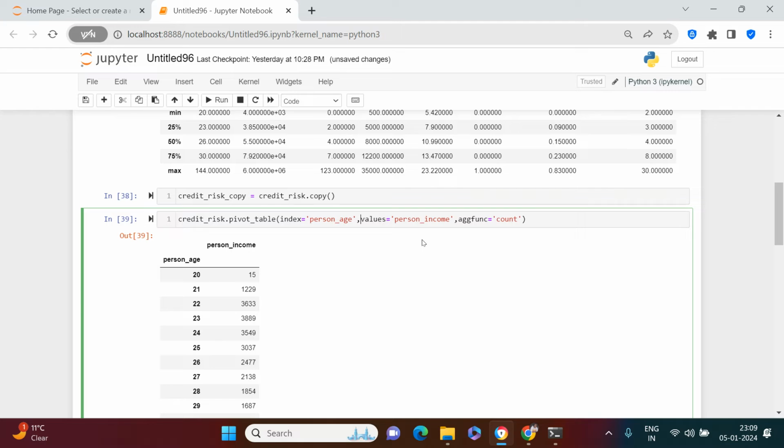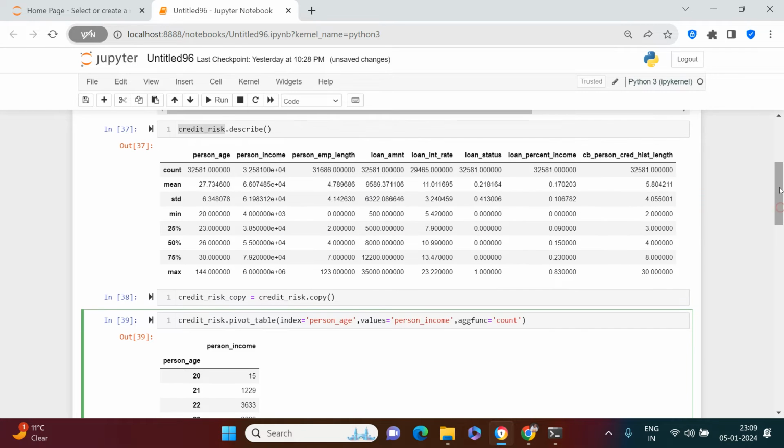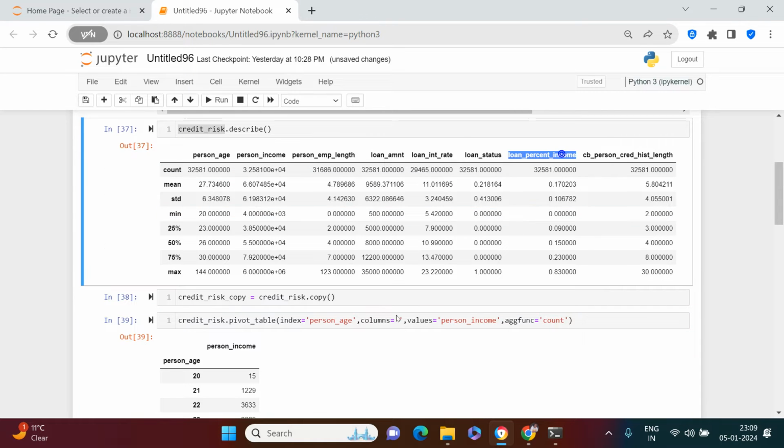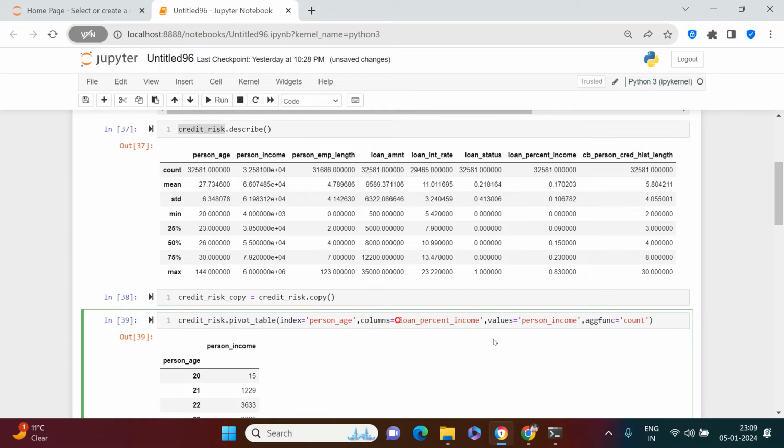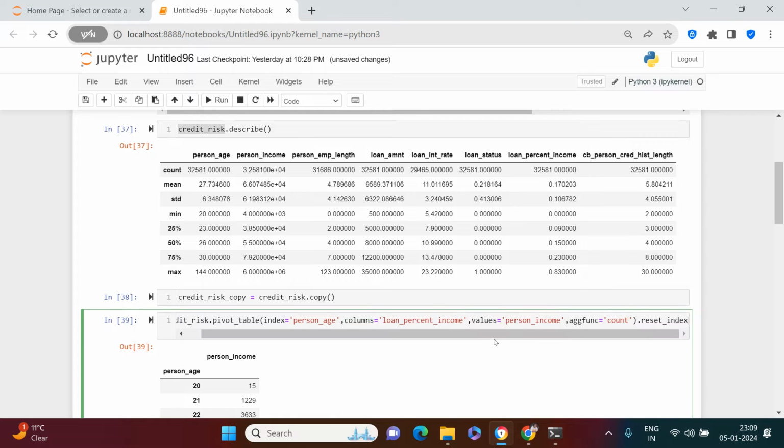In columns I'm going to put this one, loan percent income, then dot reset index and dot sort values by person age, ascending equals false.